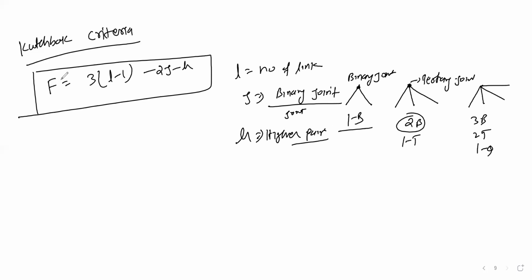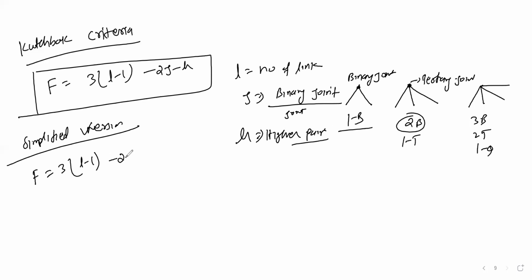So this equation is known as your Pushback criteria, and there is a simplified version: F equals 3 into (L minus 1) minus 2J minus H minus FR.